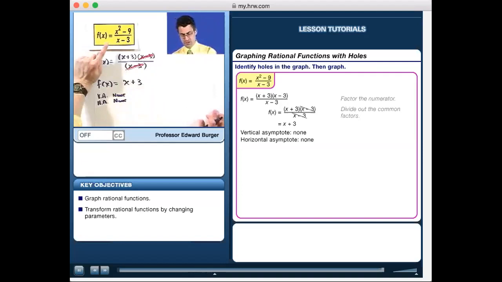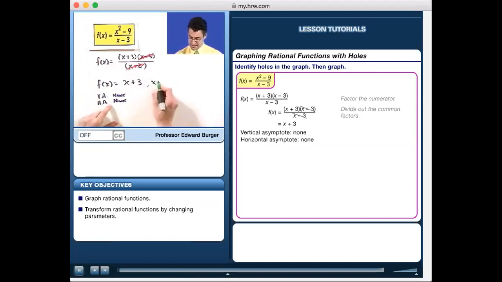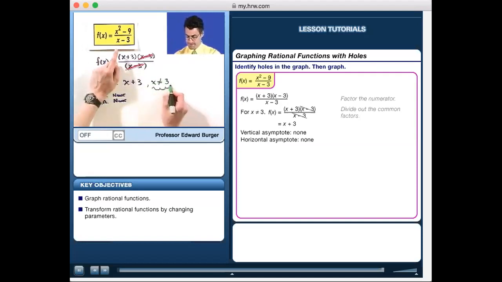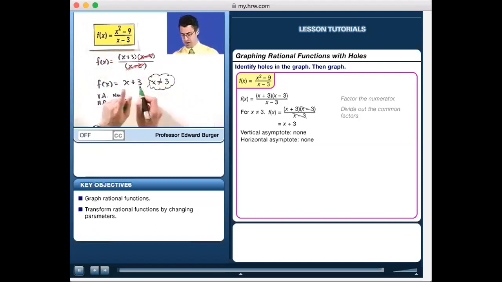Remember, the original function is given by this. By canceling this, what's the one point we're not allowed to consider? Well, whatever makes the denominator equal to 0, which is x cannot equal 3. So if this is f of x, it's equivalent to this as long as you promise x does not equal 3.